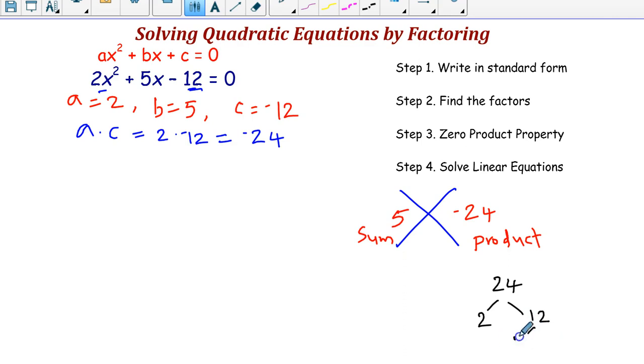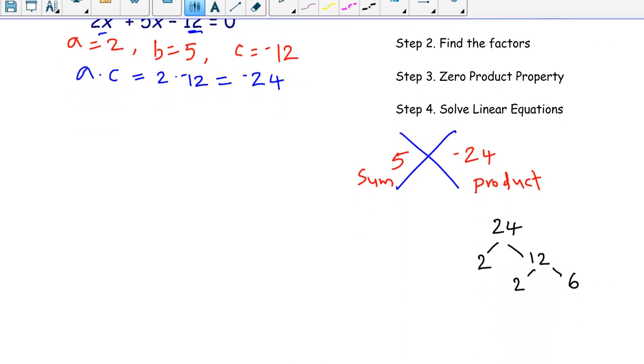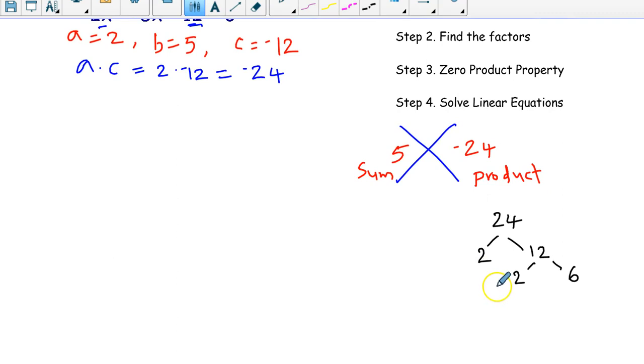Okay, next one more number. 2 can divide 12 how many times? 6 times. Is it of any help? No. Further, what I'm saying is 2 times 2 is 4. 4 and 6: 4 plus 6 is 10 and 4 minus 6 is 2.